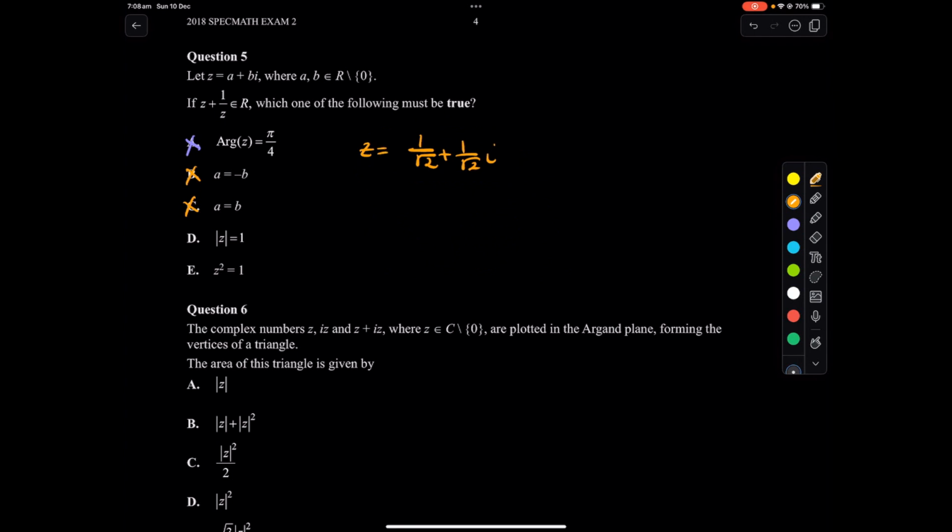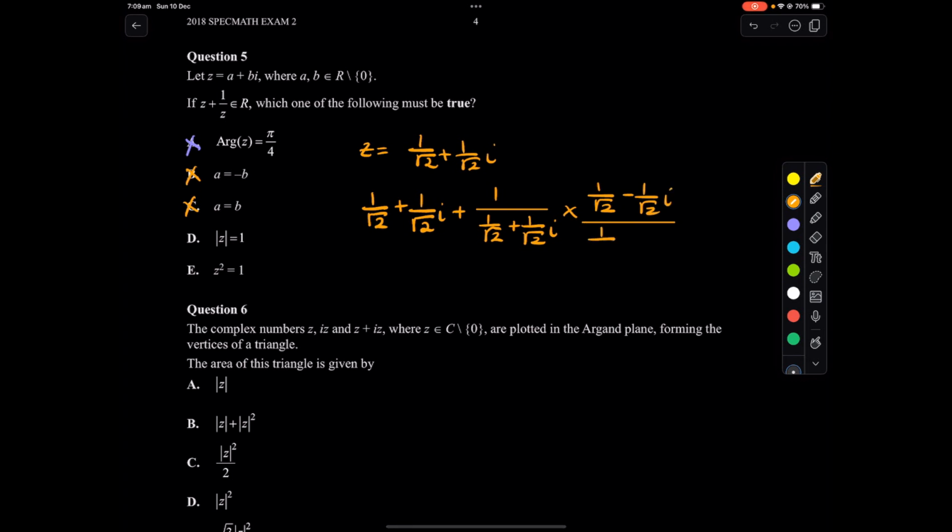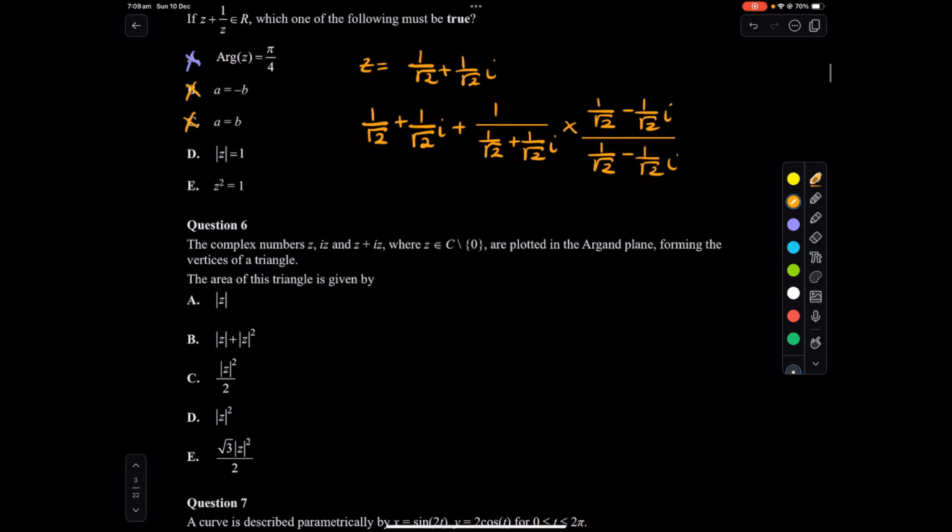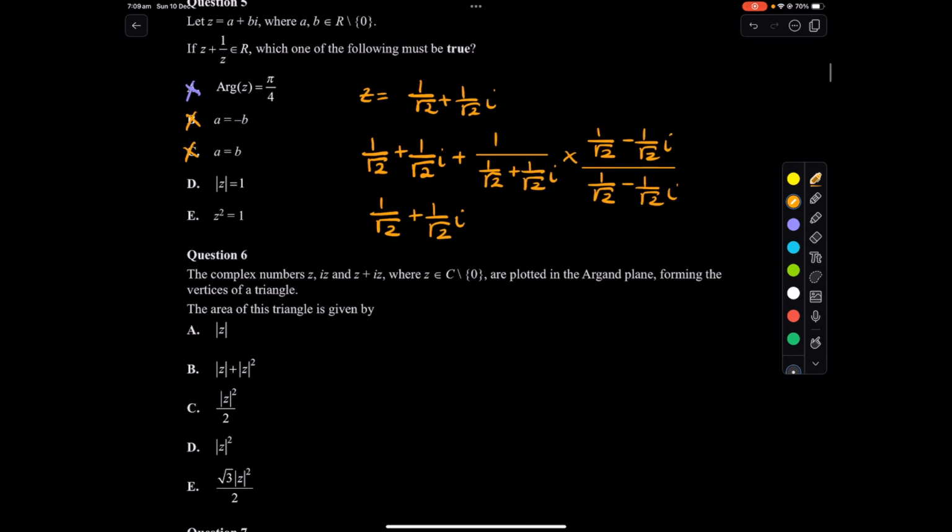So z is 1 over root 2 plus 1 over root 2 i, plus 1 over root 2 plus 1 over root 2 i times 1 over root 2 minus 1 over root 2 i, all divided by 1 over root 2 minus 1 over root 2 i.